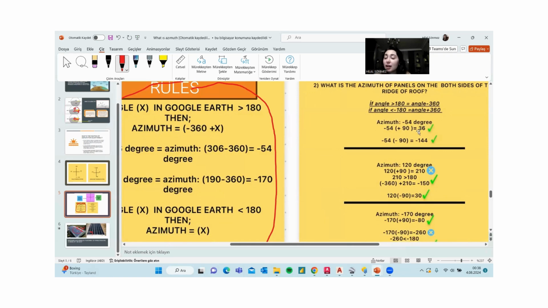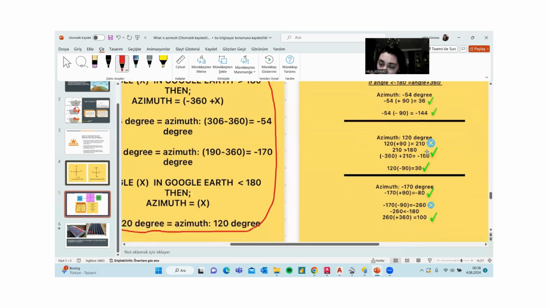The azimuth of the panels positioned on one side of the ridge of the roof will be 36 degrees, and the panels placed on the opposite side of the ridge of the roof will be minus 144 degrees.